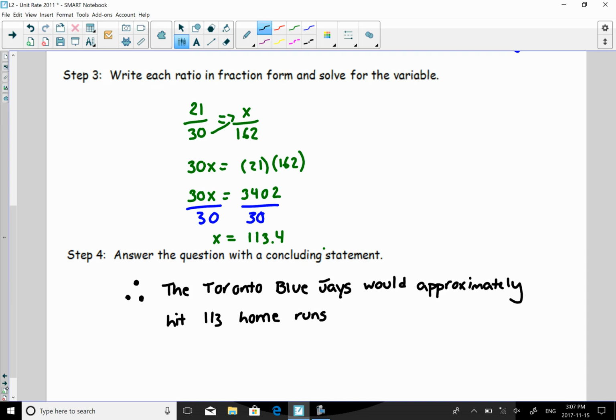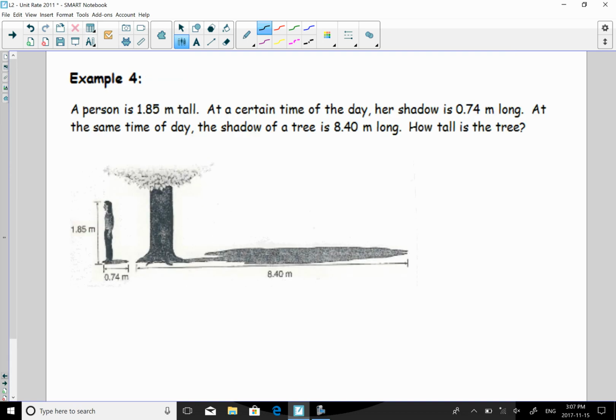One more example. Example 4. A person is 1.85 meters tall. At a certain time of the day, her shadow is 0.74 meters long. At the same time of the day, the shadow of the tree is 8.4 meters long. How tall is the tree? So if you see, at any time of day, the shadow ratios would have to be the same.